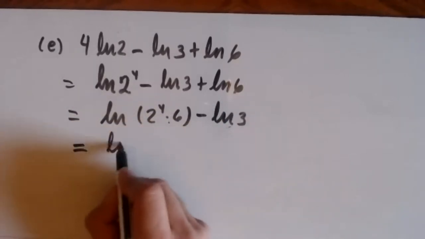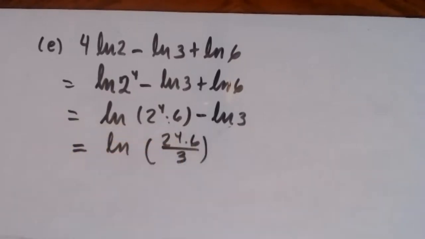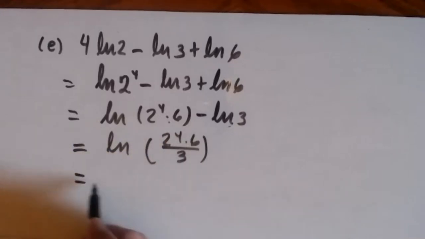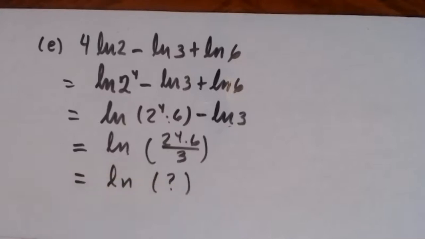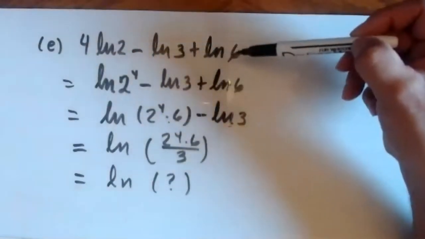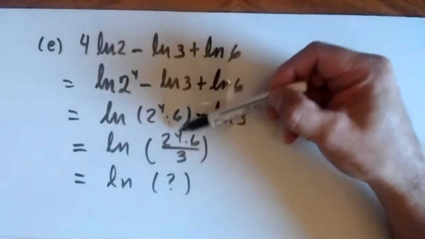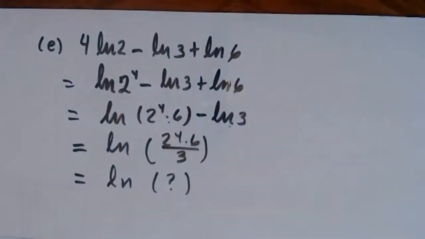So this is going to be ln of 2 to the 4 times 6 over 3. Obviously, we can perform these numbers and then we can find a final answer that, well, at this moment is not really important. So the only idea is to show you that we can use the same properties to compress the expression in case we need that, okay?